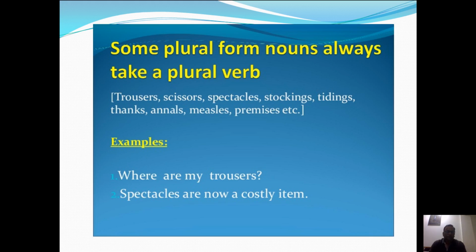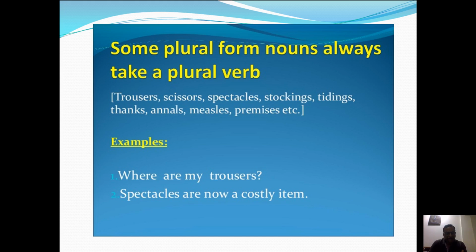Some plural-form nouns always take a plural verb, like trousers, scissors, spectacles, stockings, tidings, thanks, annals, missiles, premises, etc. Again, we'll discuss the same with examples so that you should understand.